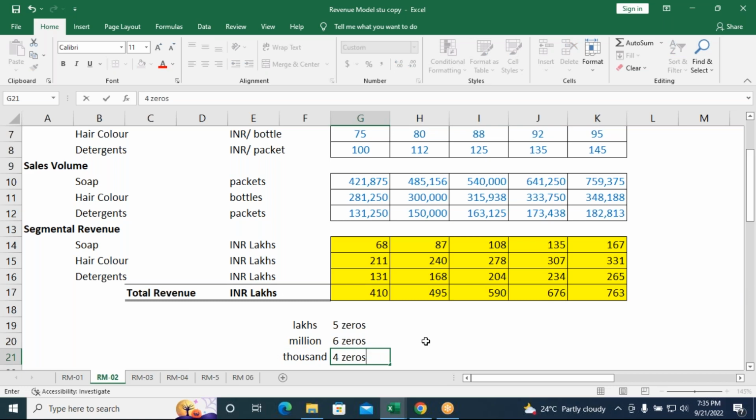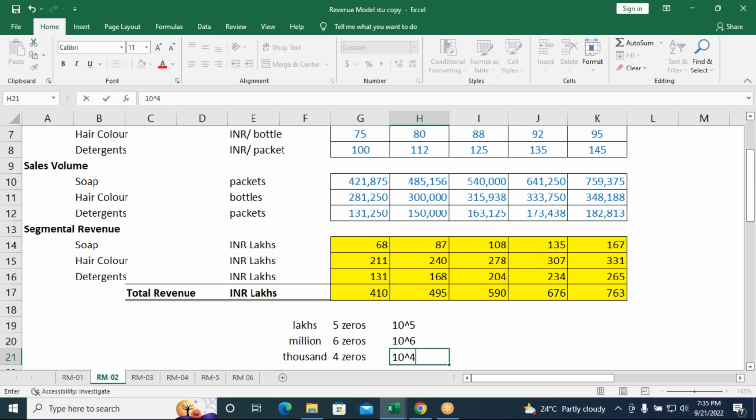So when I am calculating, I need to show it as 10 to the power of, this is the power symbol. So 5 zeros means 10 to the power of 5. In millions, it should be 10 to the power of 6. And in thousands, 10 to the power of 4.